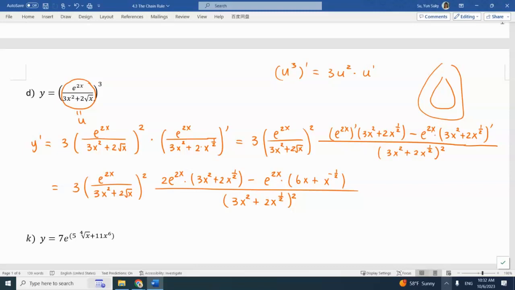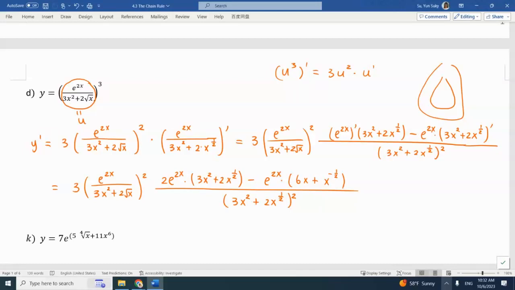Your problem can get more and more complicated, but it's okay. Just look at it from the outside to the inside, and every step, just do one thing. Don't jump steps. Promise? Don't jump steps. Like here, step 1, we did chain rule. Write down the chain rule.